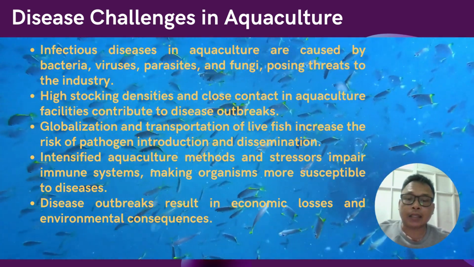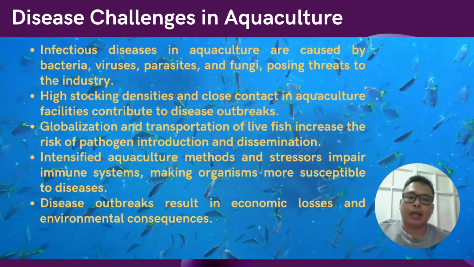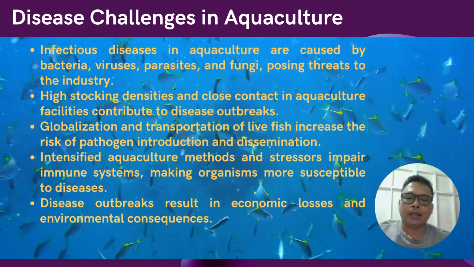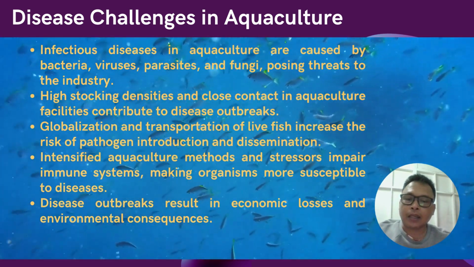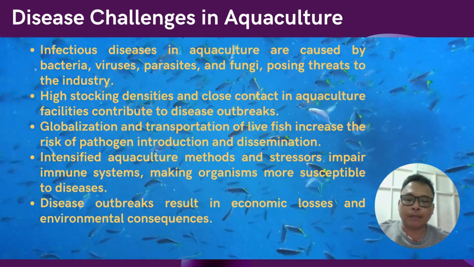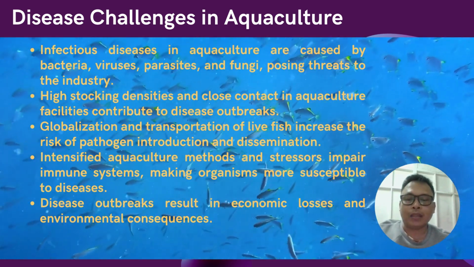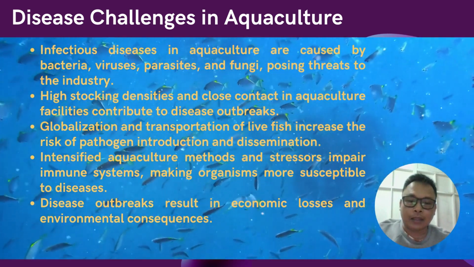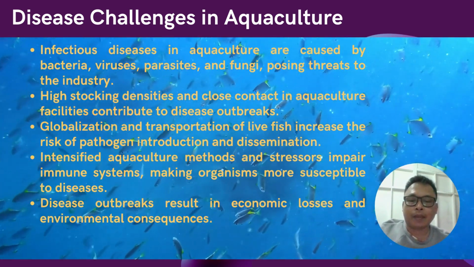The illnesses can cause significant economic losses, have a negative influence on the environment, and even jeopardize our food security. High stocking density and close contact of farm organisms are two of the key causes of disease outbreaks in aquaculture. Aquaculture facilities frequently house a large number of animals in cramped places.